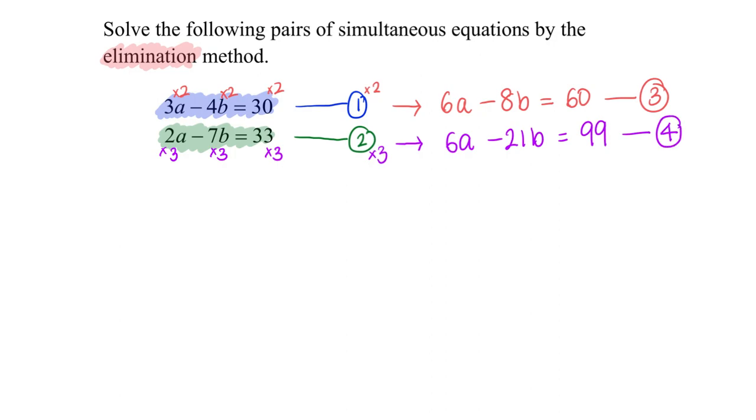Then the next thing is to consider and think about it. How do I make sure that with my positive 6A and my positive 6A, do I plus or do I minus them so that it can equal 0?